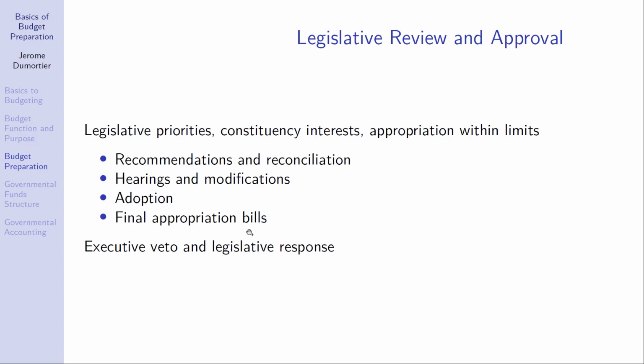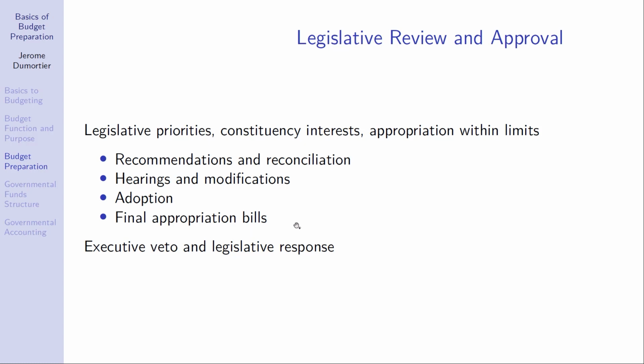The legislative branch may make recommendations and modifications, but is going at some point to adopt the budget, and basically is drafting what are called final appropriation bills that allow the executive to spend money.